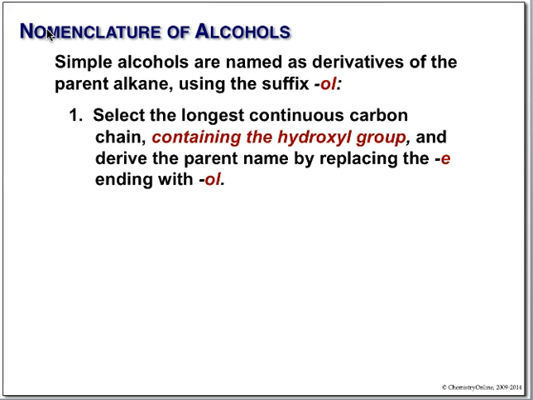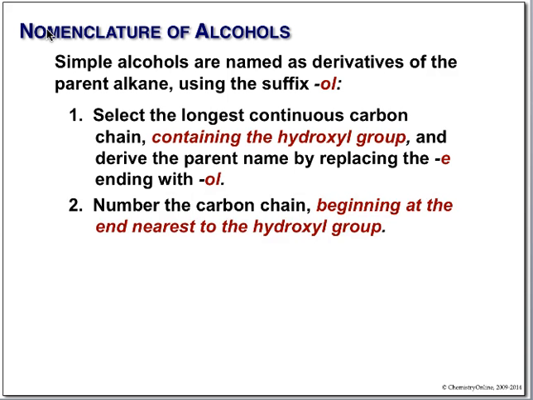When we go to name an alcohol, we're going to follow our standard sets of rules. We want to draw a main chain that contains the hydroxyl group. We're going to show that it's an alcohol by dropping the E from our parent and putting in an OL.